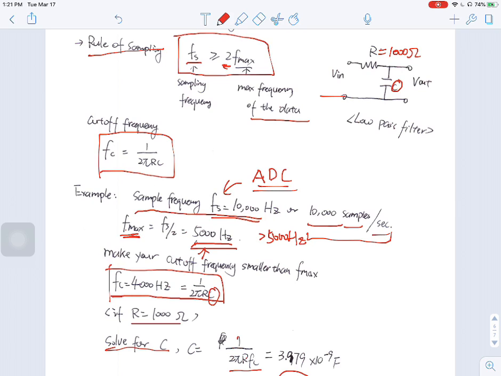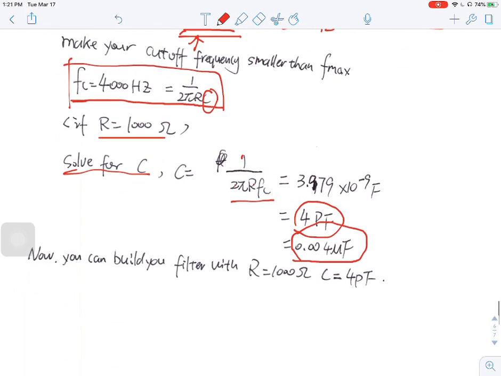Then you will need to analyze the signal you're trying to sample, which can be force or temperature or whatever, and find out the maximum frequency of that signal. Then you can do some simple calculation to find out the resistance and capacitor you need to use for your low pass filter. All right, hopefully that gives you a little bit of knowledge on what a low pass filter is.